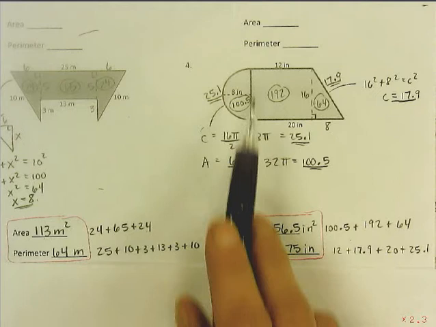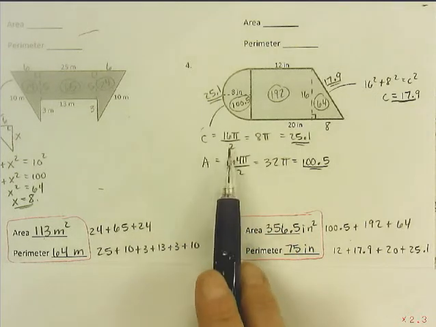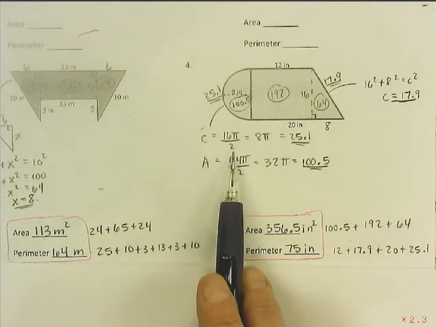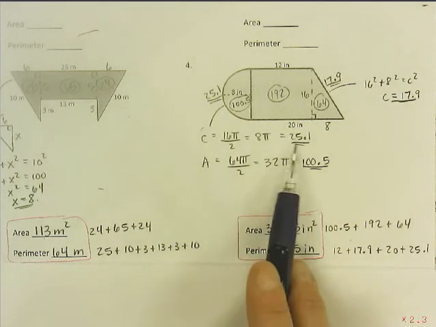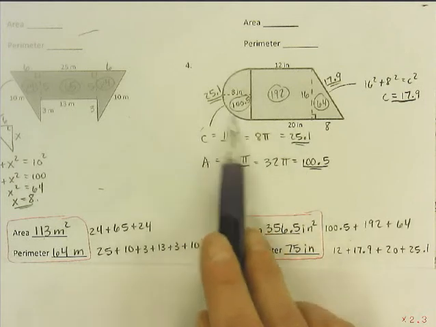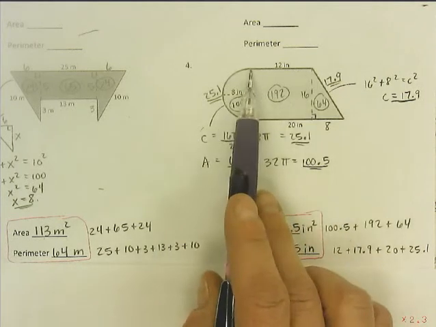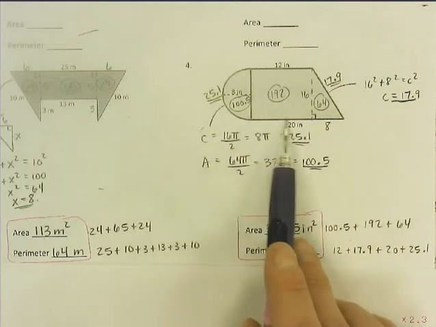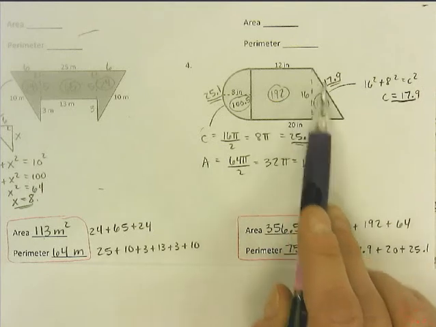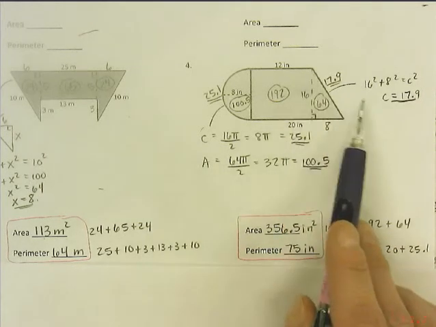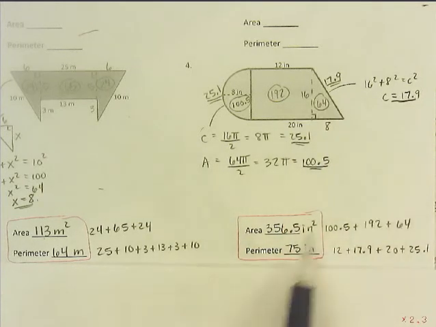And then the circumference, remember, halfway around is going to be diameter times pi divided by 2. So 8 pi or 25.1 halfway around. So the perimeter is 12 plus 25.1 plus 20 plus, you had to find this distance by, again, using the Pythagorean theorem, 17.9. So you get a perimeter of 75 inches.